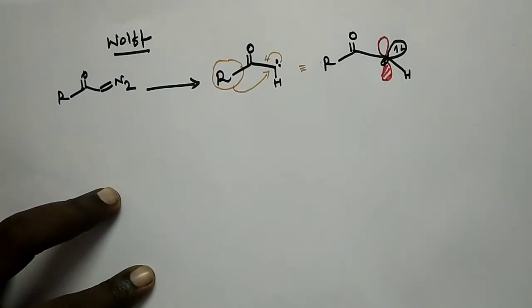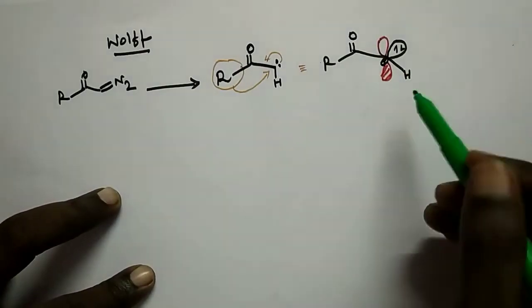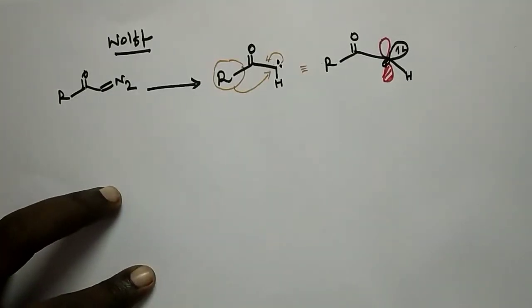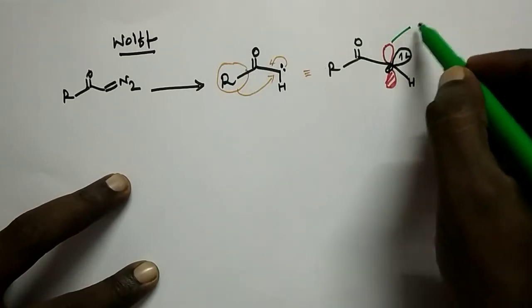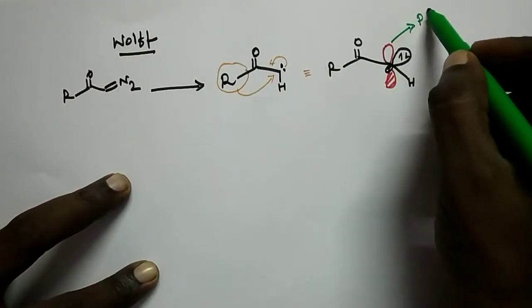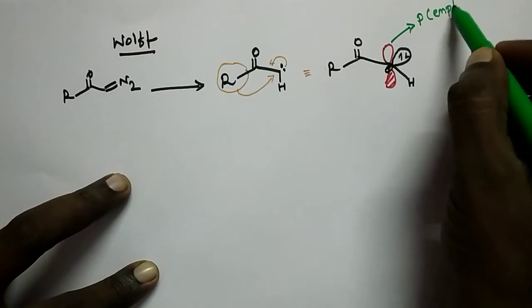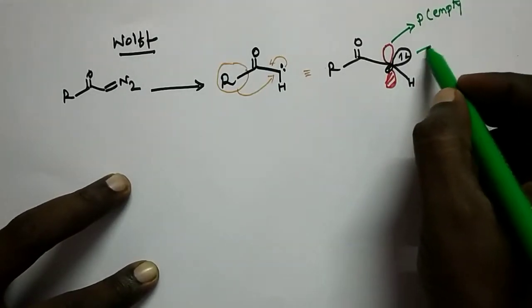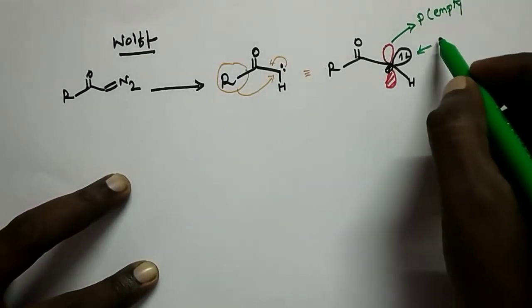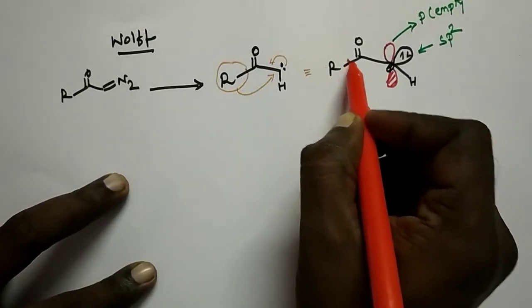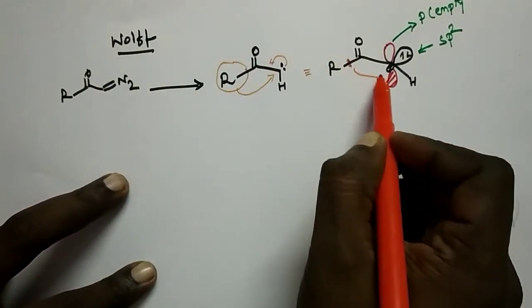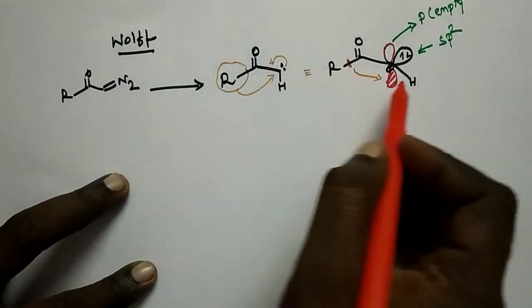Actually singlet carbene is sp2 hybridized. So this is a vacant p orbital, it is empty, and this one is non-bonding sp2 orbitals. So what is happening means there are 2 electrons here, so these 2 electrons come to this vacant p orbital.